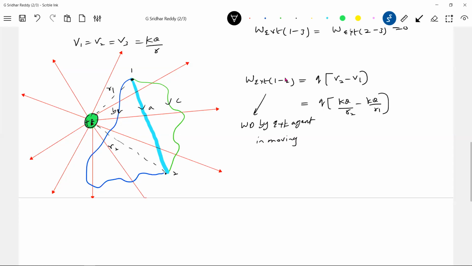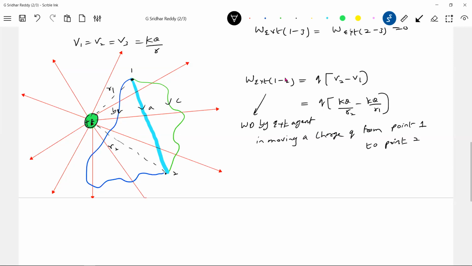Work done by an external agent in moving a charge Q from point 1 to point 2. Okay, there's a primary discussion we are making. Since the field is conservative, I need not bother how it is moved. Do I know the potential at points 1 and 2?